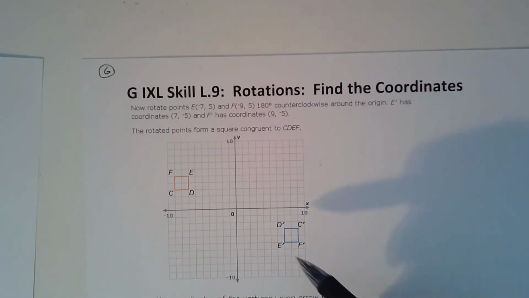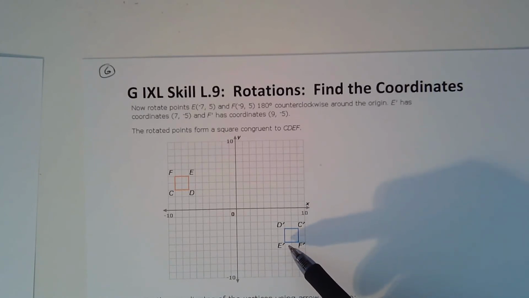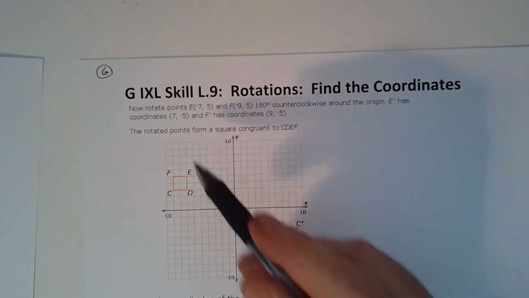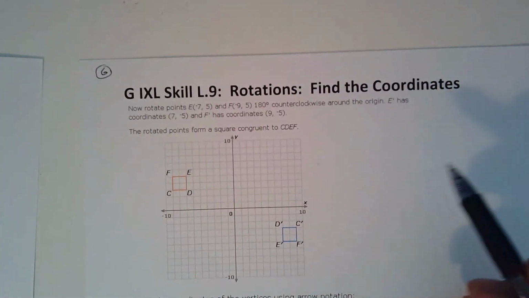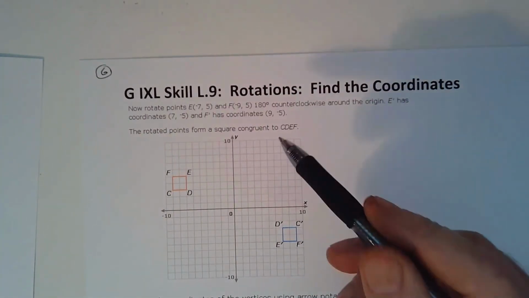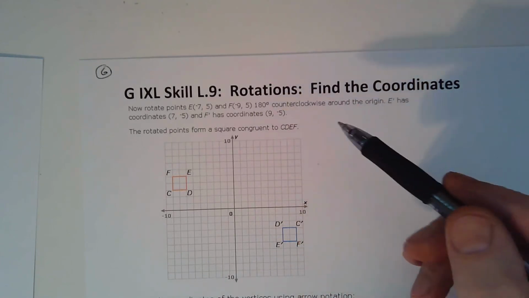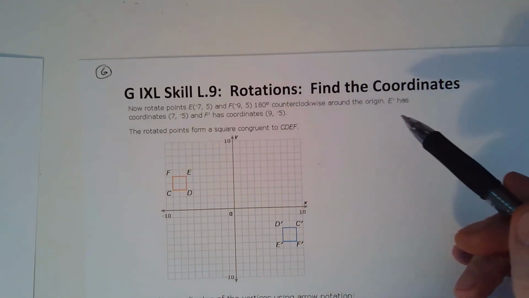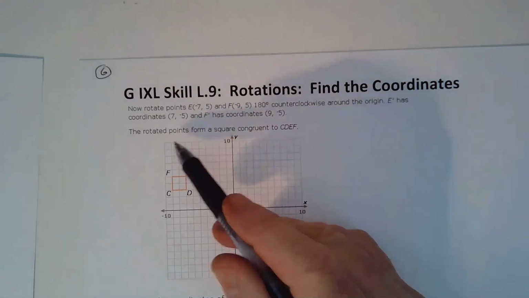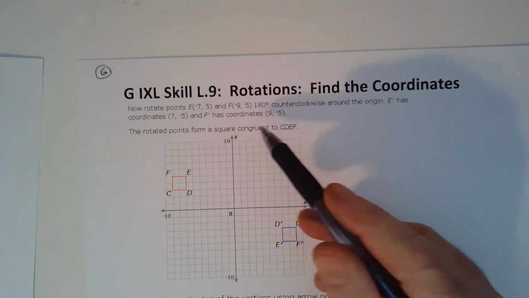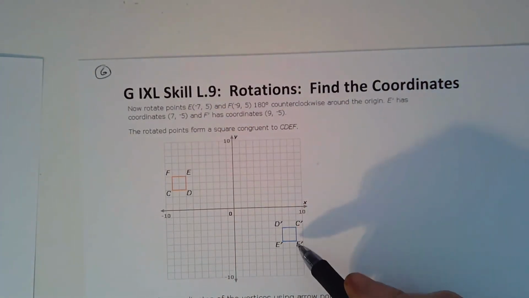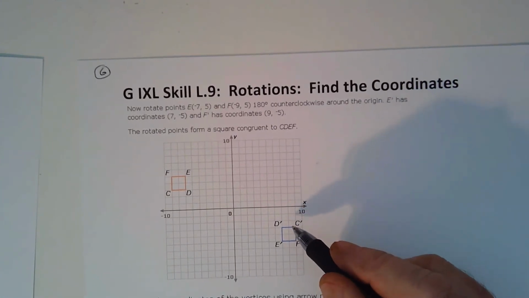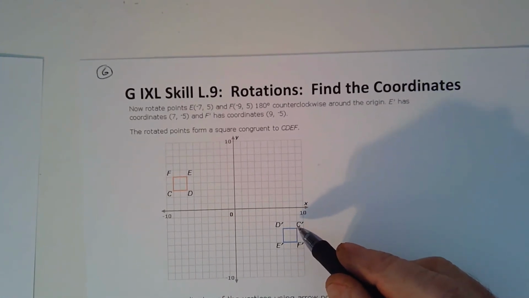And E prime, we said, has coordinates of 7 and 5, and F is coordinates of, C prime is coordinates of, where am I here? E prime is coordinates of 7 and -5, and F prime is coordinates of 9 and -5.